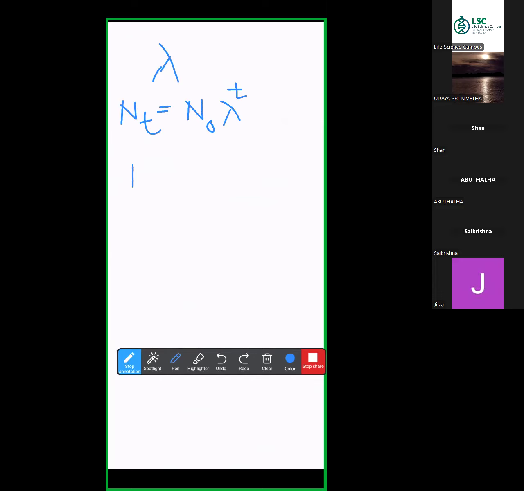It was Nt is equal to N0 into R0 raised to t. We are substituting this lambda because of the effort involved in finding out R0. So we are just replacing this R0 with lambda. Is it clear?